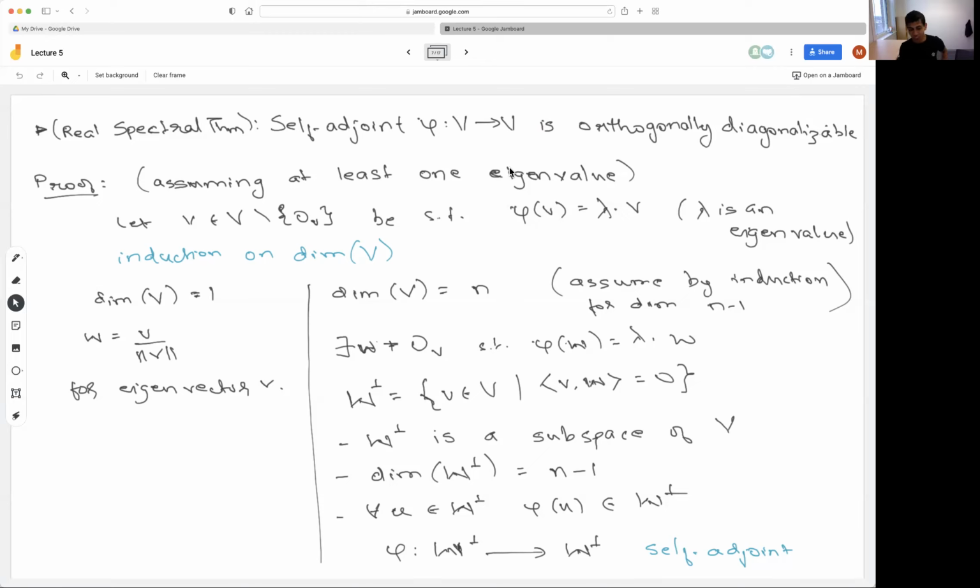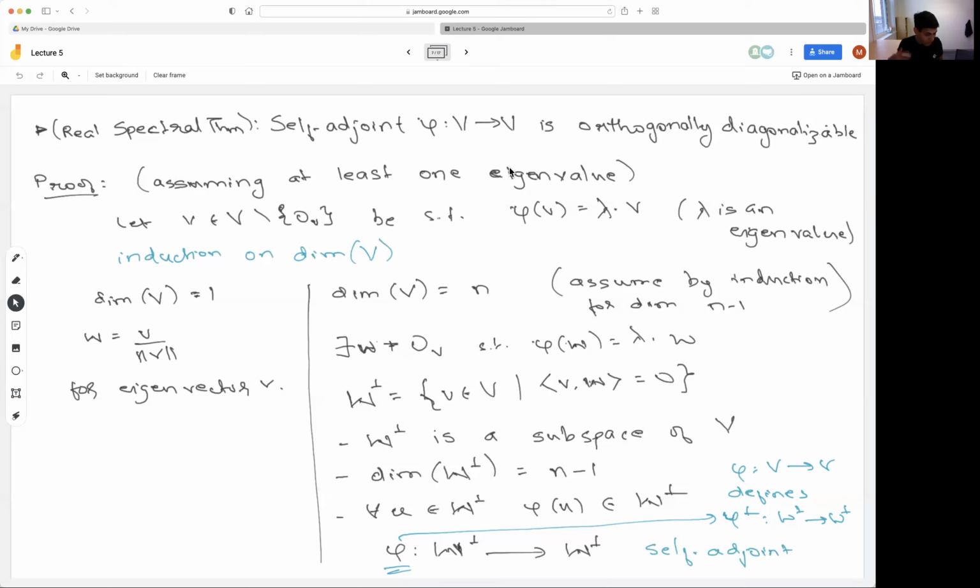By induction, we are assuming this for spaces of dimension n-1. Here, phi defines a linear transformation, let's call it phi perp, which maps W perp to W perp, which is just phi restricted to W perp. For any element of W perp, just compute phi on it. I use the same notation, but formally it's a different linear transformation because it's mapping a different space, W perp, to W perp.